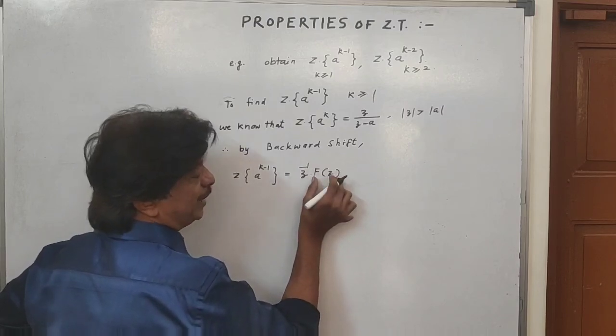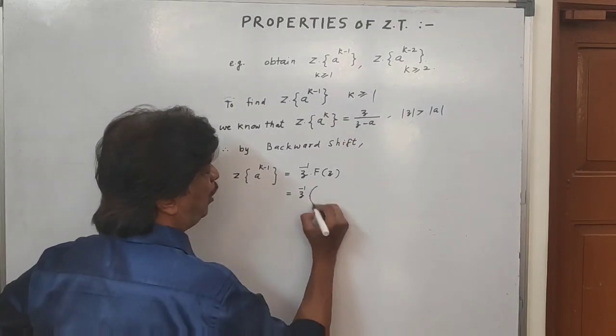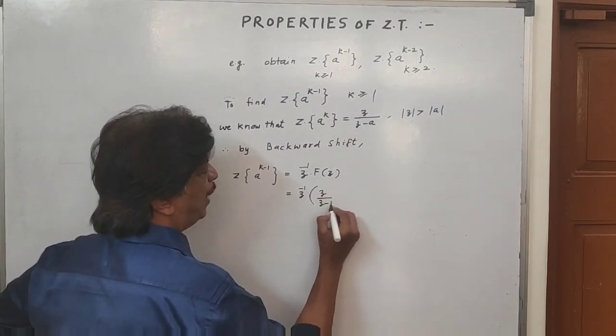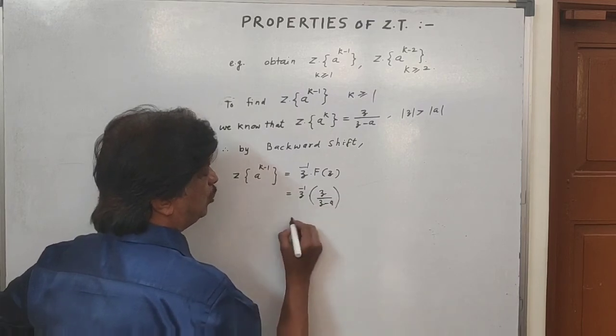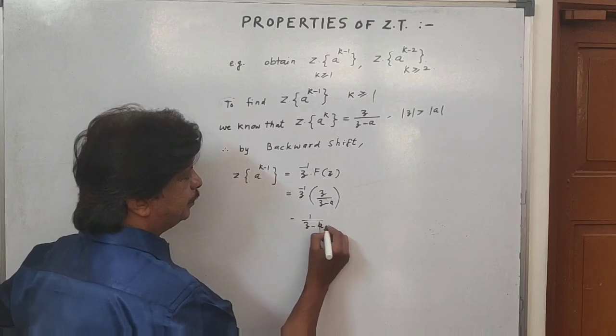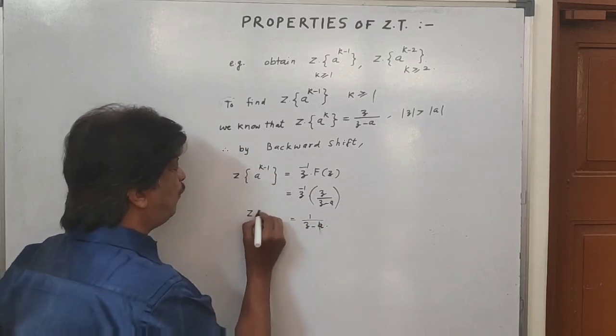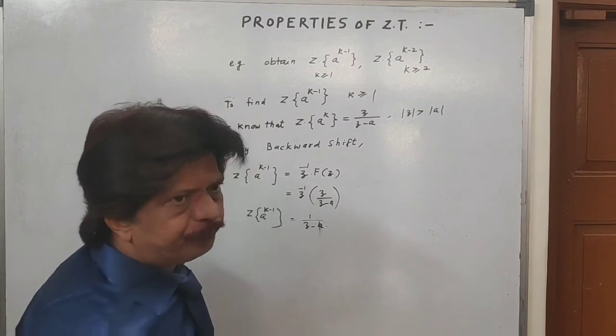The Z transform of a raised to power k is z upon z minus a, so it is 1 upon z minus a. That is the Z transform of a raised to power k minus 1.